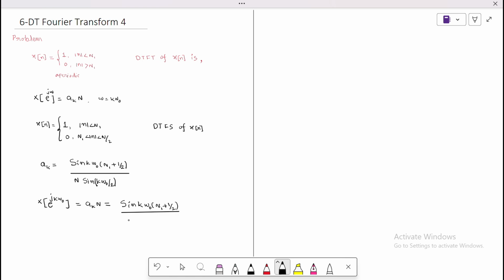Since we sent N to the left side, there is no N, there is only the sine function, equal to sine of k omega naught by 2.